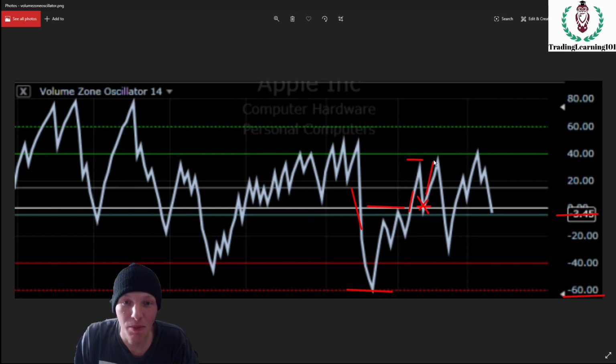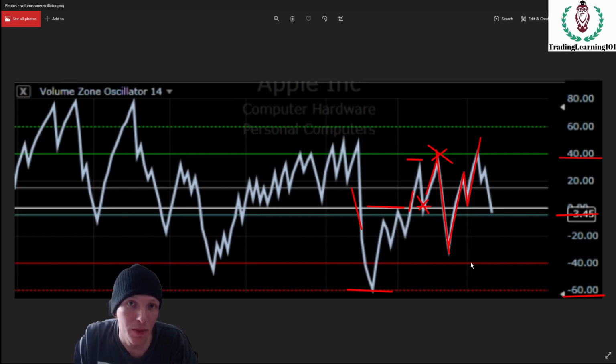And then when the stock pops right up to this 40 overbought condition, you could sell it right there. And then the stock came back down, crashed through the 0 line, ripped back up above it, held as support right there, popped up.